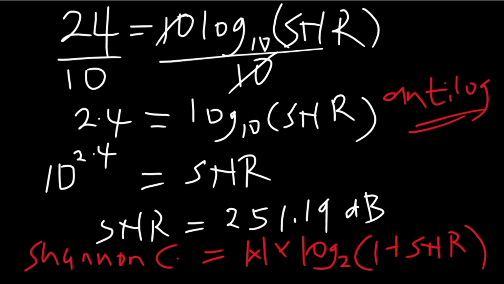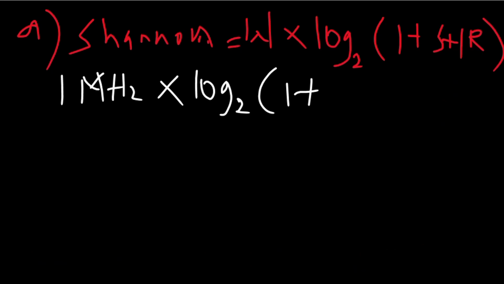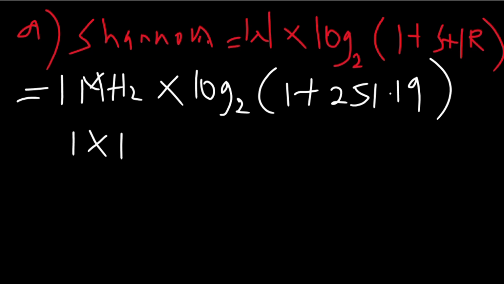Alright, so let's substitute this value into it, 251.19. Alright, so let's evaluate this. In the first place, we know that mega is 10 to the power 6. So in doing that, we are going to expand this.